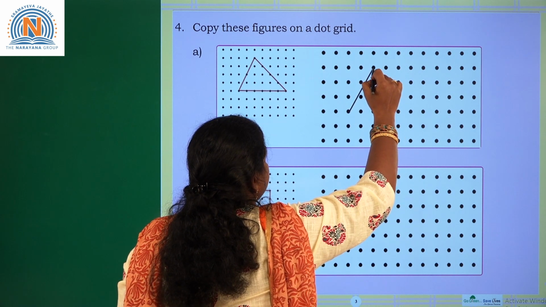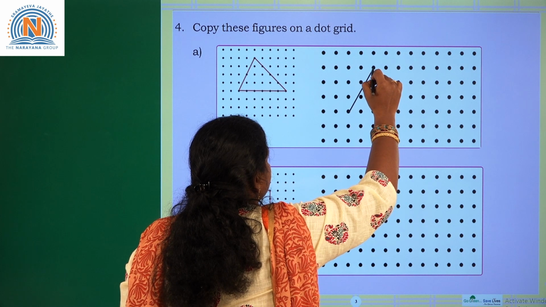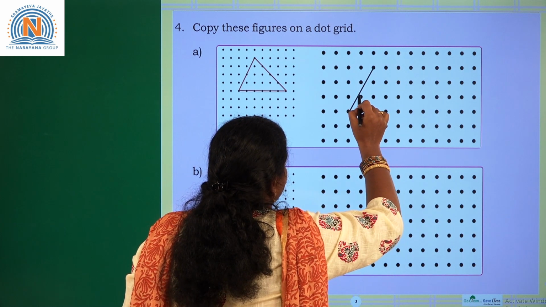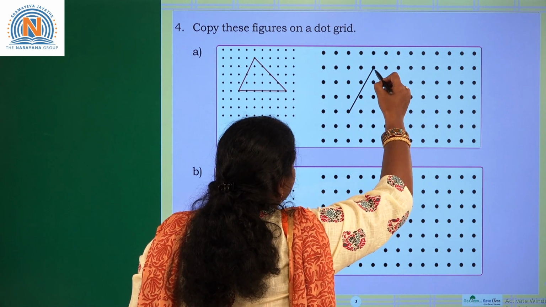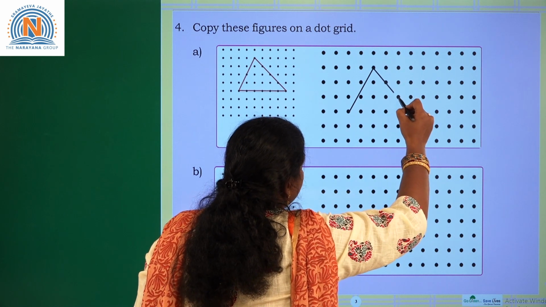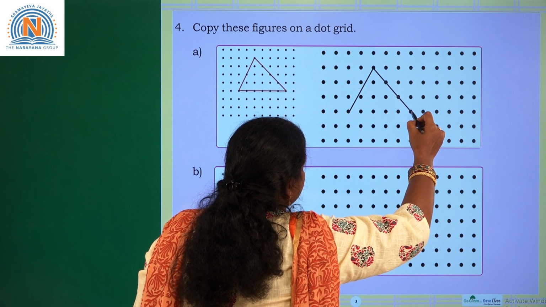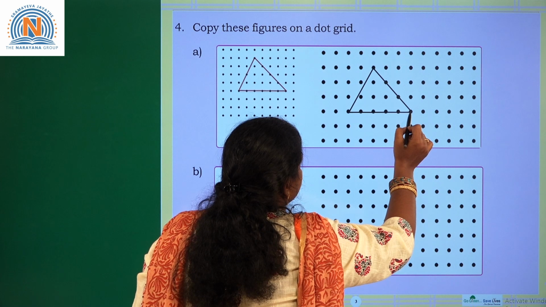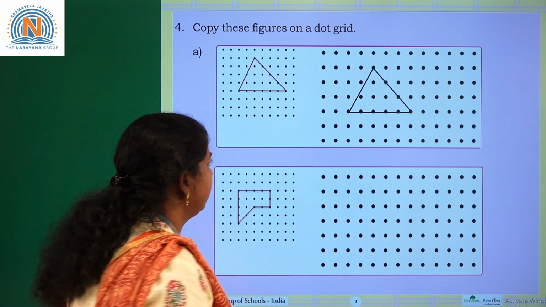Like this, we will join, okay, and then I have to draw another side, and then I will join the baseline, okay, right.